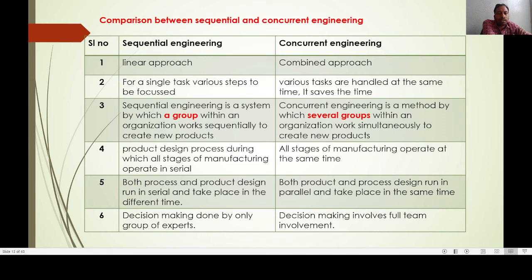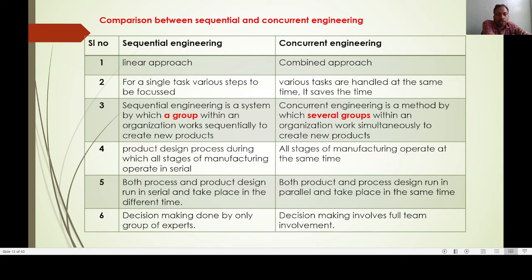That will save our time. Next, the fifth point is that both process and product design run in serial. That will take place at different times. So the same problem has to be discussed repeatedly by a single team.